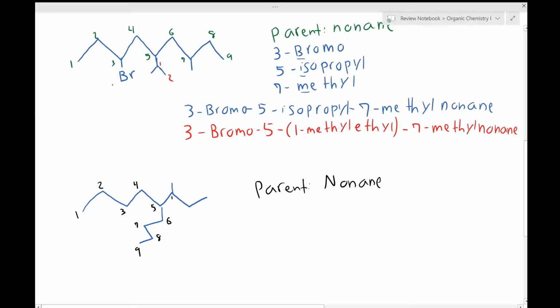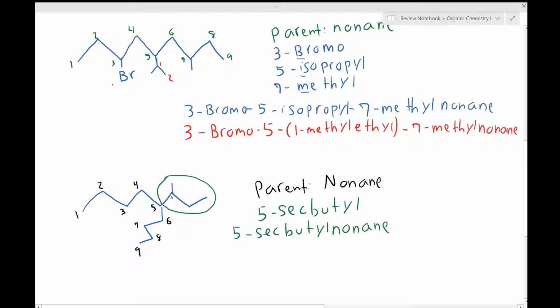Count our substituents. If you can recognize this too, this is off the 5, we have a sec-butyl. Going to naming, we just go 5-sec-butyl nonane.